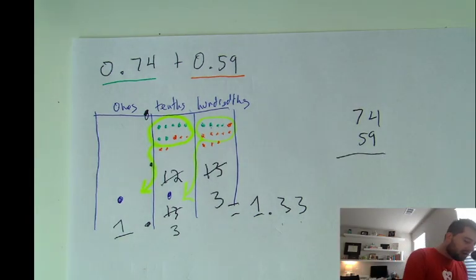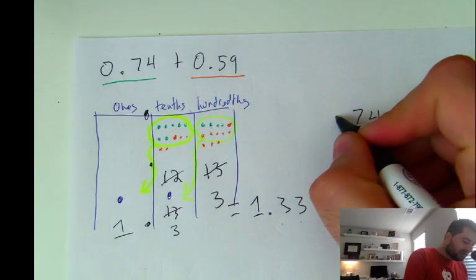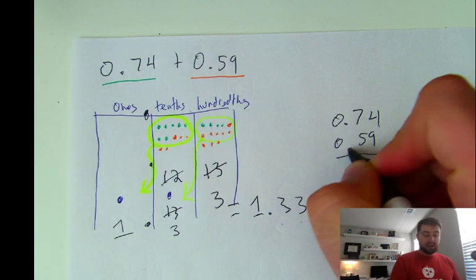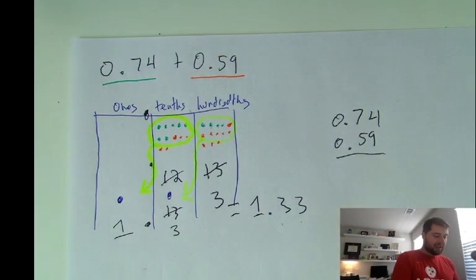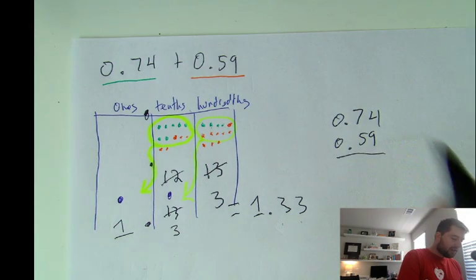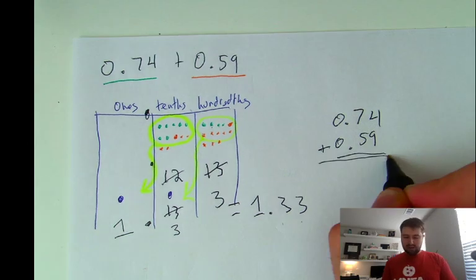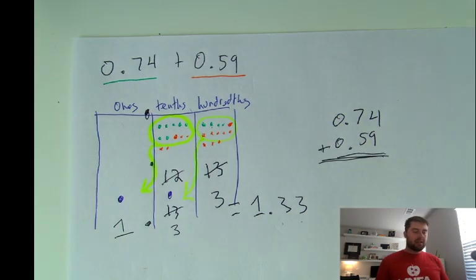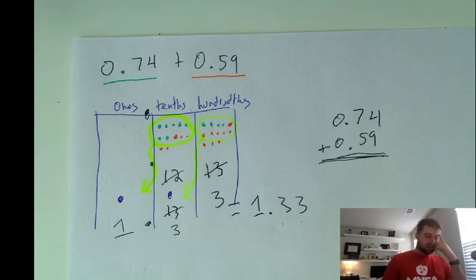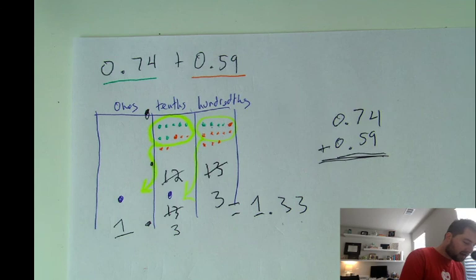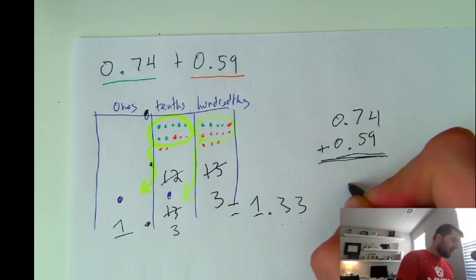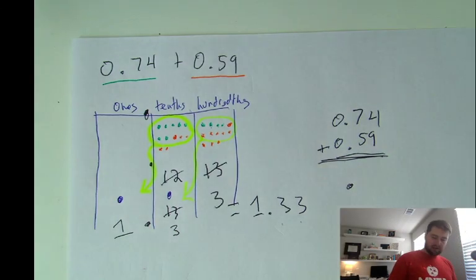We are going to turn these into these decimals above: 0.74, 0 and 74 hundredths, and 0 and 59 hundredths. We're going to add those together just the way we would with any whole numbers. The only thing, when we are adding decimals, we must line up our decimal place. In fact, we are going to big, bold, star that down here.